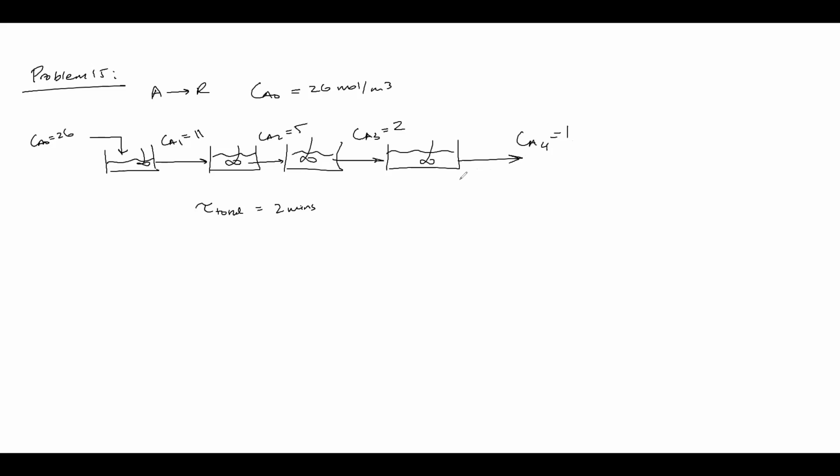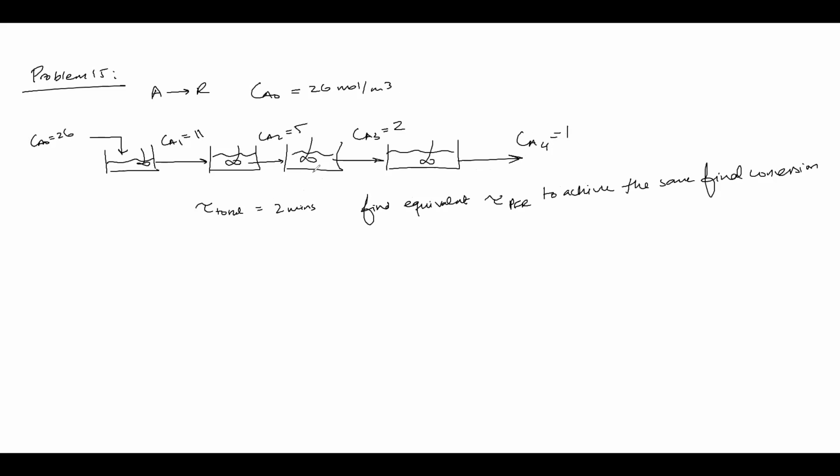And you need to find the equivalent tau PFR to achieve the same final conversion. So basically to reduce your concentration of the reactant from 26 to 1 mole per meter cubed.